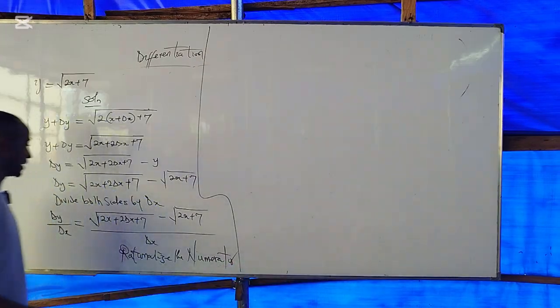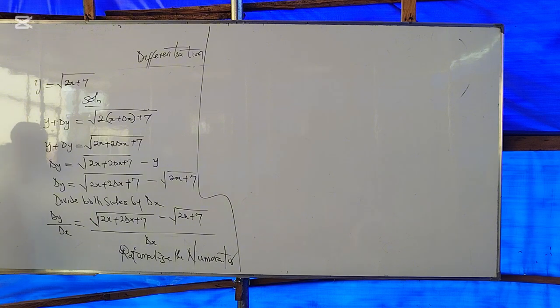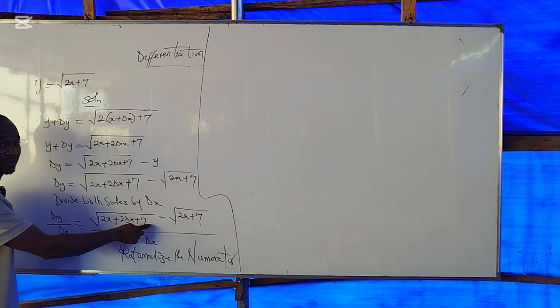Who can tell me how we rationalize? We multiply with the conjugate of this, right? The reverse sign becomes the conjugate. The conjugate of this by the numerator and denominator.